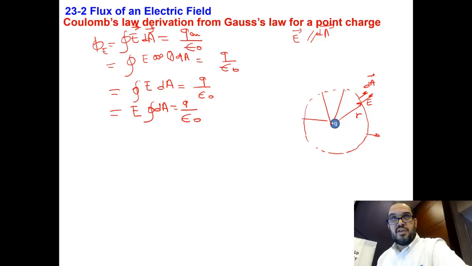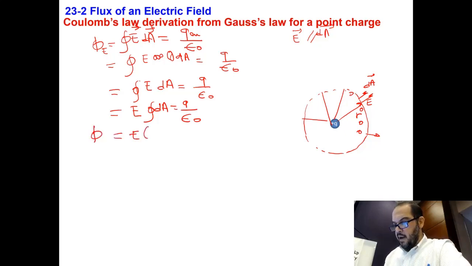What is the area of the sphere? 4 pi r squared. If we add all of these area elements, it will give me the area of the sphere. So the flux is E times 4 pi r squared, the area of the sphere, equal to the charge enclosed divided by epsilon 0.